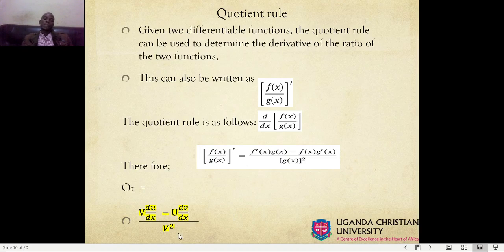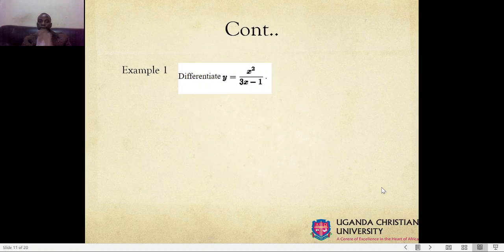So this is our formula: v du/dx minus u dv/dx, divided by v squared. So we're having an example here, to differentiate y equals x squared over 3x minus 1. Like I told you, the first thing is simplifying this by calling the numerator something and the denominator something.